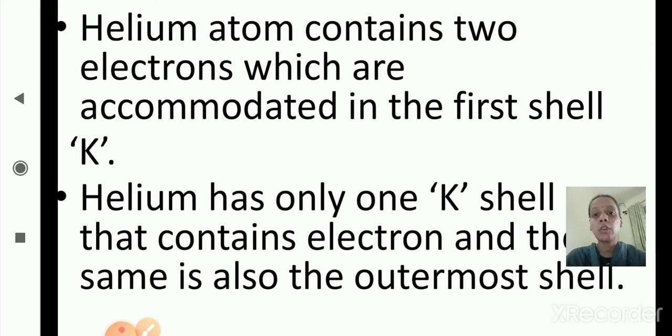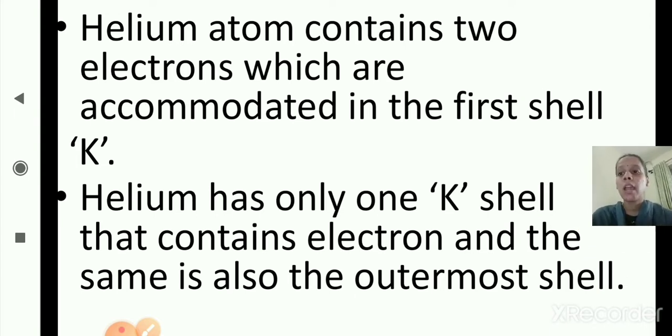Helium has only one shell, the K shell, which contains electrons, and the same is also the outermost shell.